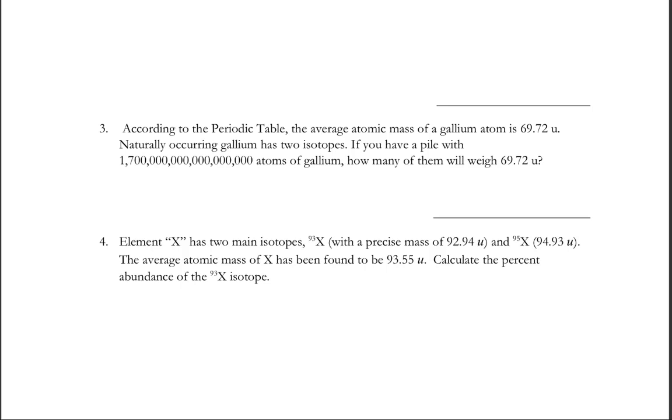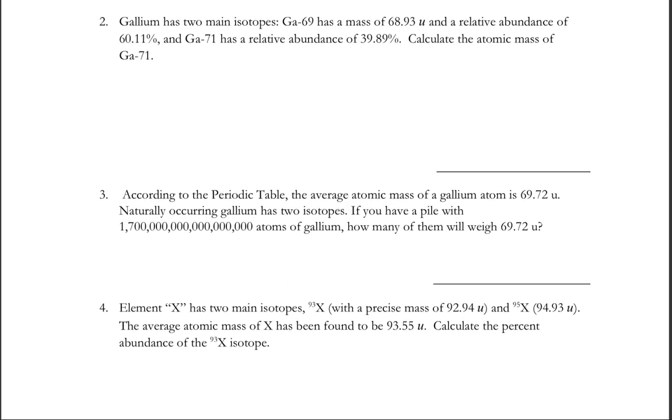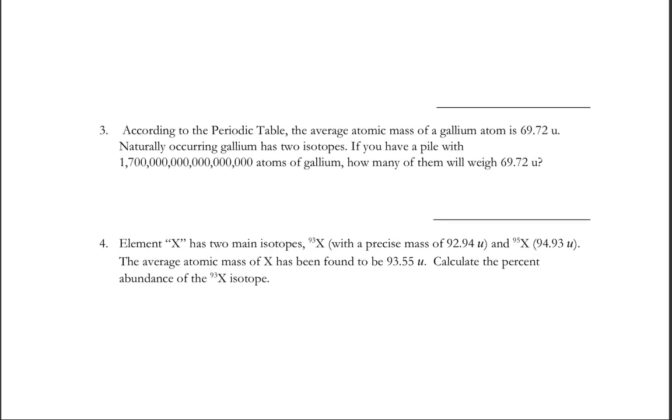That problem is somewhat like problem number 2, but in problem number 2, you had the abundance, you didn't have the mass of gallium-71. In problem number 4, you have the mass of each one. The percent abundance of each one, you'll realize that the abundance of X93 plus the abundance of X95 has to be 100.